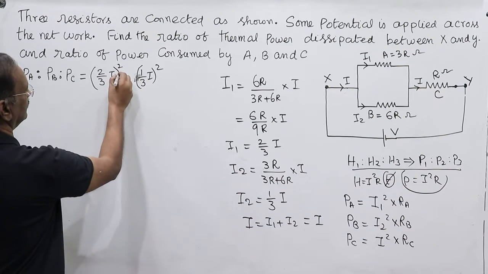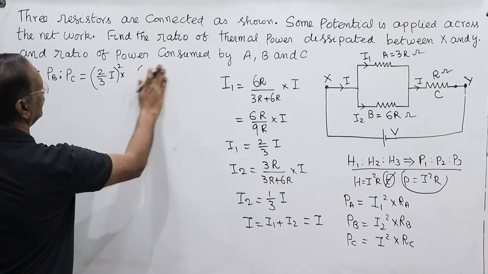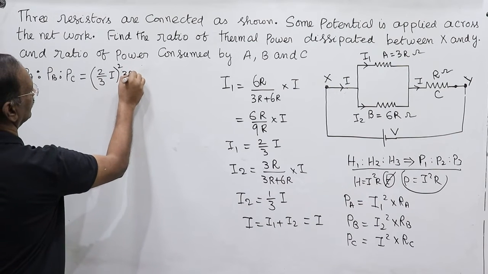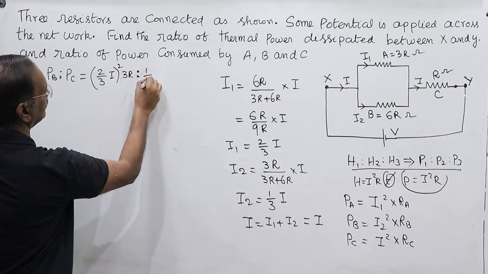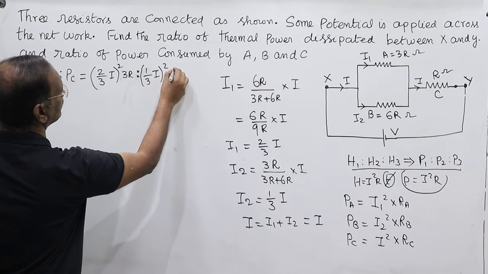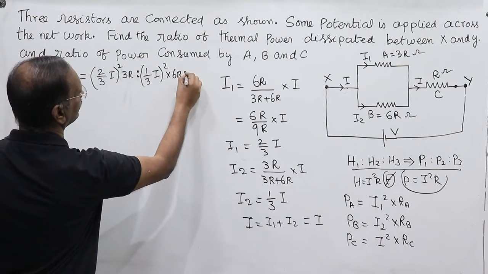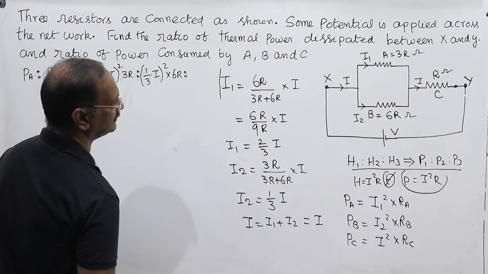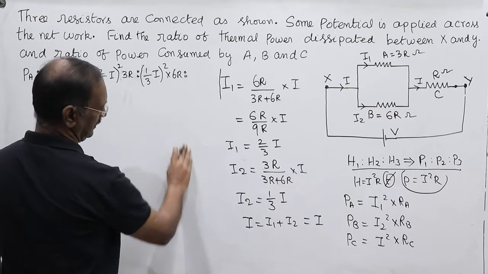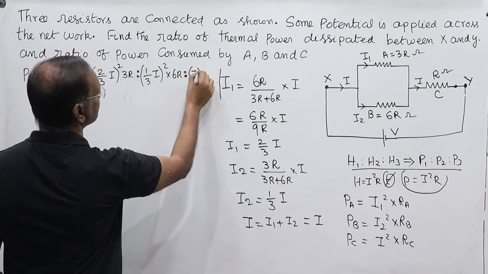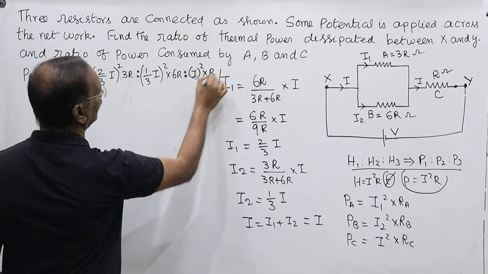RA is equal to 3R, so 3R is to 1 by 3 into I square into R, and RB is 6R is to. And what is the current through RC? The current through RC is equal to I1 plus I2, which is I, so I square into R.